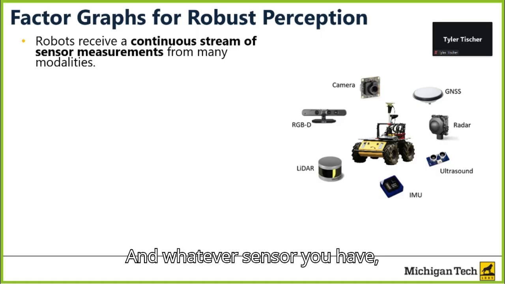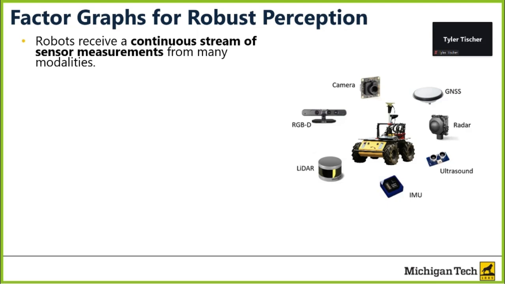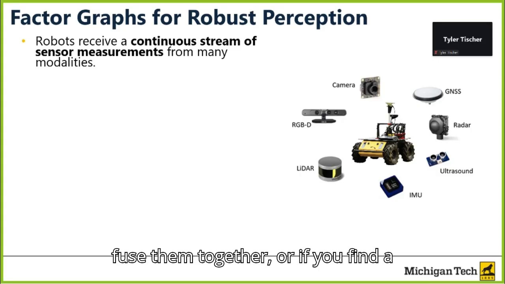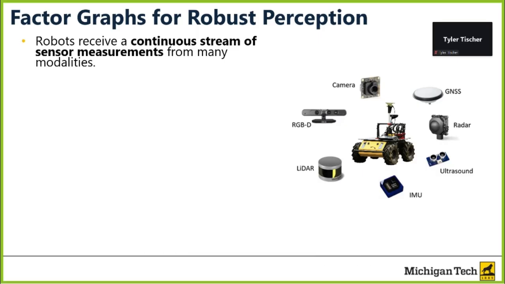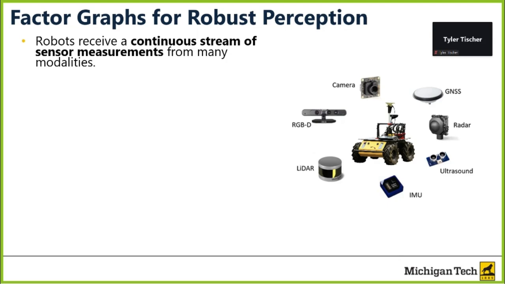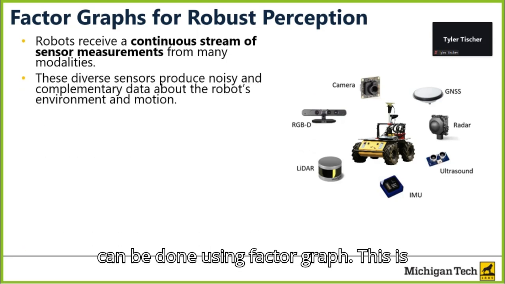Whatever sensor you have, each of these sensors is giving you some piece of information, like a piece of a puzzle. But each piece can be noisy and incomplete on its own. But if you find a way to fuse them together, this is going to be amazing. And this can be done using a factor graph.